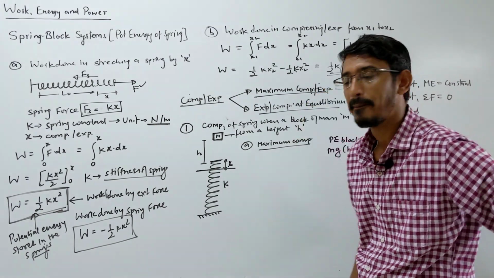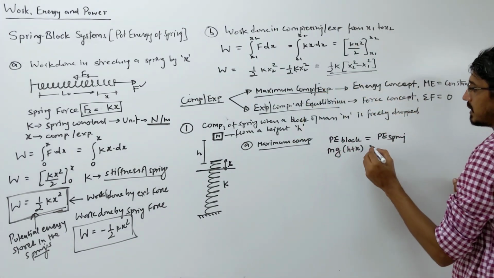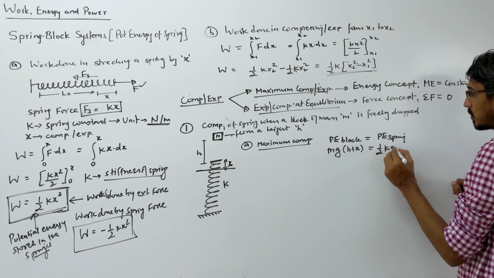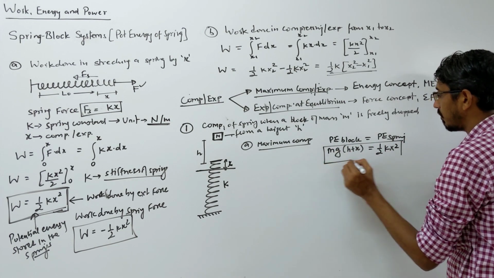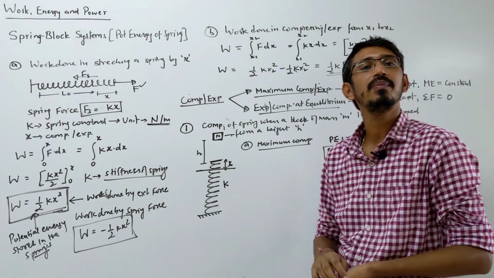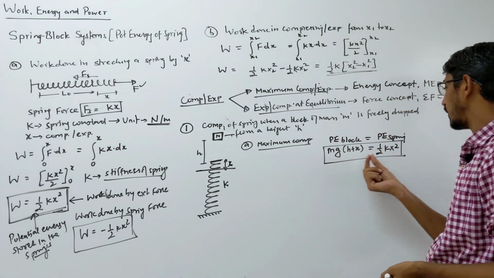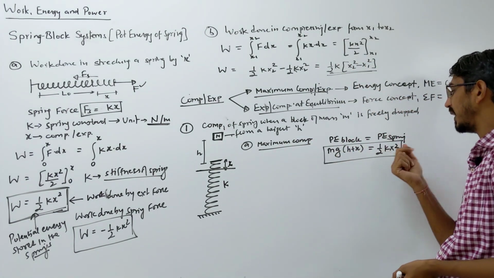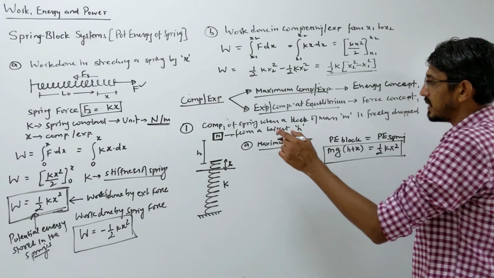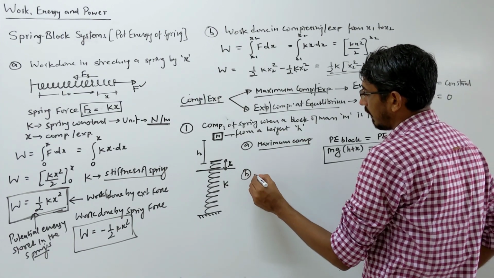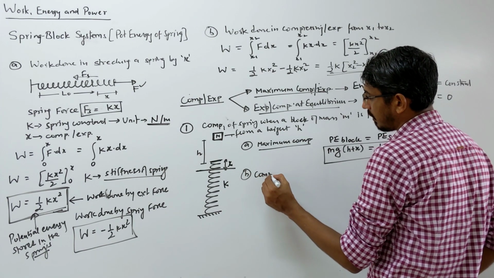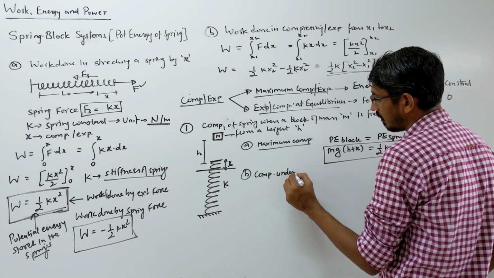So mg(h plus x) is equal to half k x square. This equation will give the answer for the maximum compression x. You put in all the numerical values and you get your x amount. But the same question they may ask for compression under equilibrium.